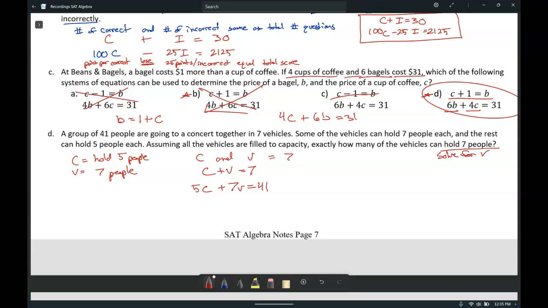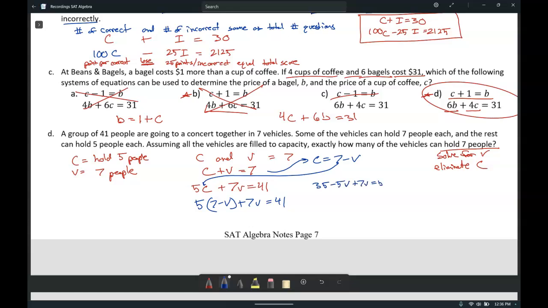And if we only need to solve for V, what we want to do is eliminate C. So the way to eliminate C is to use either substitution or elimination. I'll do substitution to figure out what C equals. C equals 7 minus V. So that way when I substitute it in for here, I'm left with an equation that does not have C in it, it only has V. So now I can go ahead and solve. 35 minus 5V plus 7V equals 41.